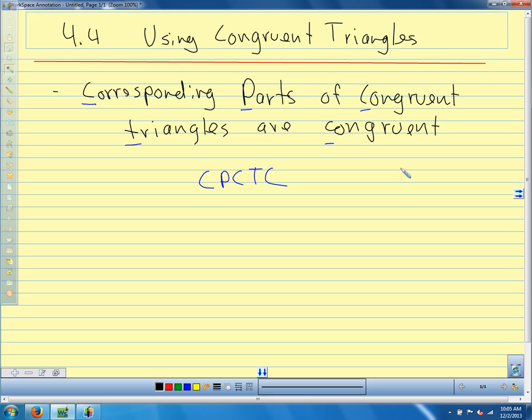So the whole point of this section of the chapter is, one, showing the triangles are congruent, and then using CPCTC to pick out particular parts that we want to show are congruent. I'm going to go through a couple of proofs using CPCTC to show how we use it to match up parts of congruent triangles.